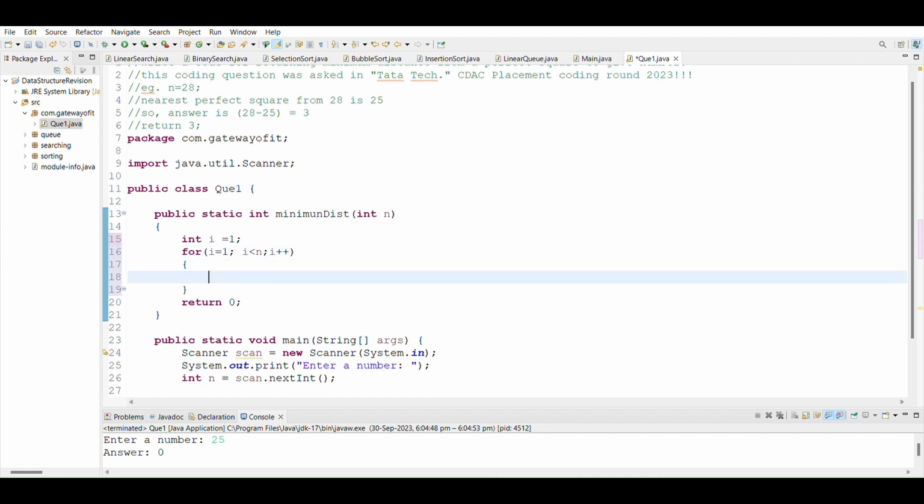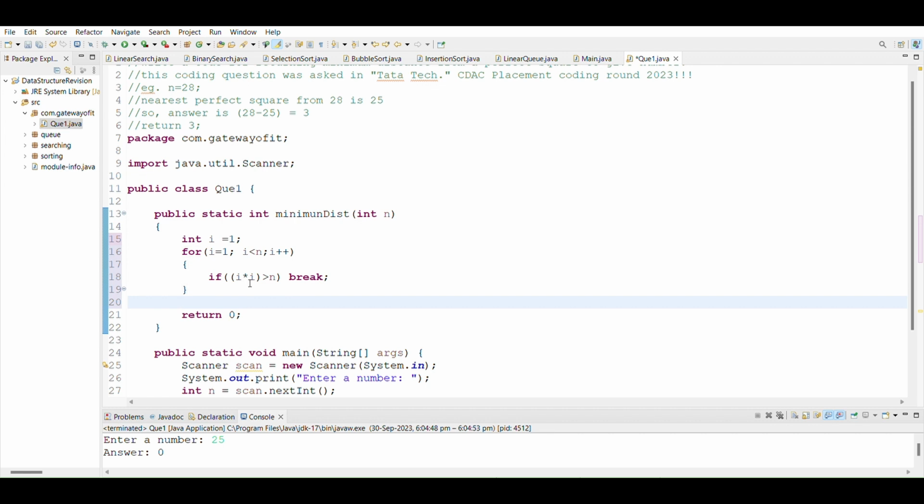Here I have to add one condition: if i square is greater than that number, then we break our loop. If our condition is satisfied, we get out of the loop, and we get our integer value i, which is nearer to the number.